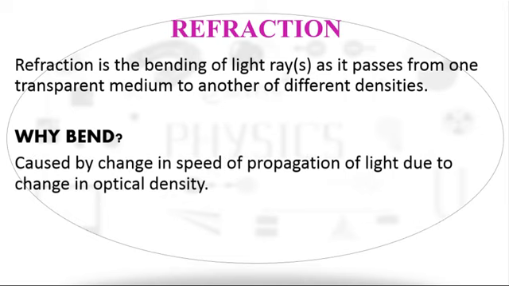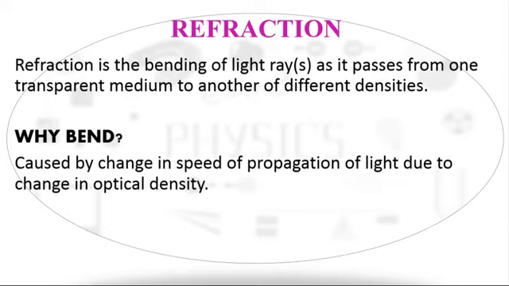In a less dense medium, like running on a clear road, you run faster. In a more dense medium, like running in a bush, you run a bit slower, and this causes it to bend. That bending is what we call refraction.